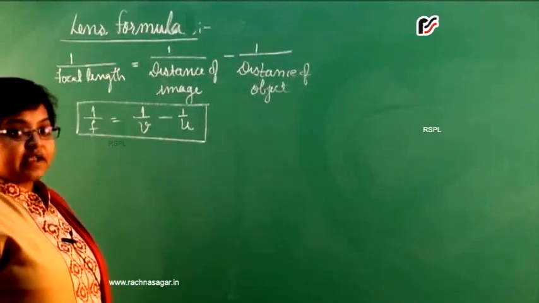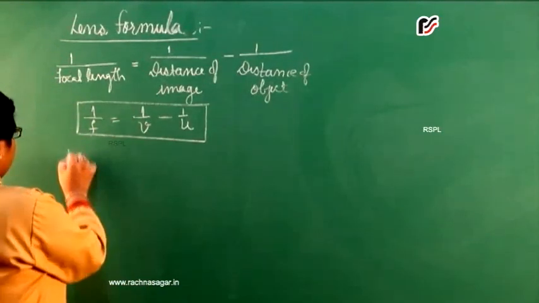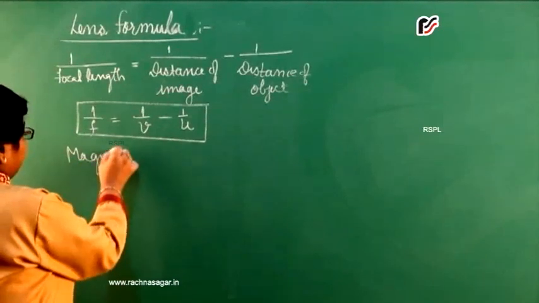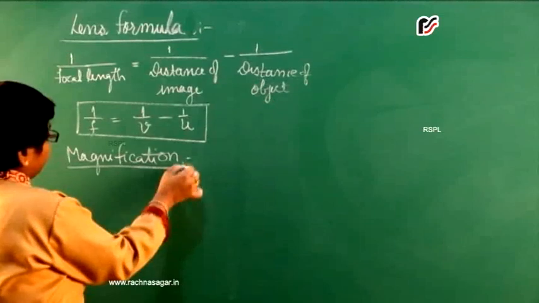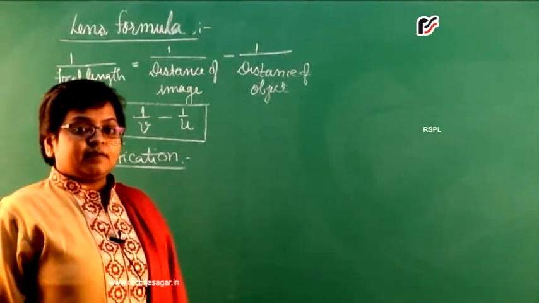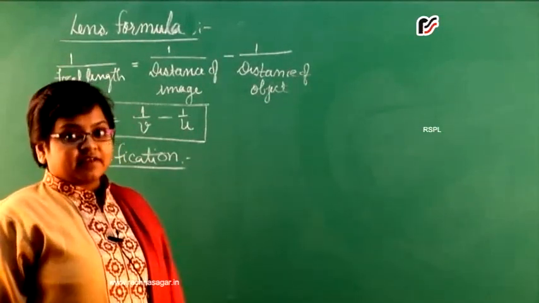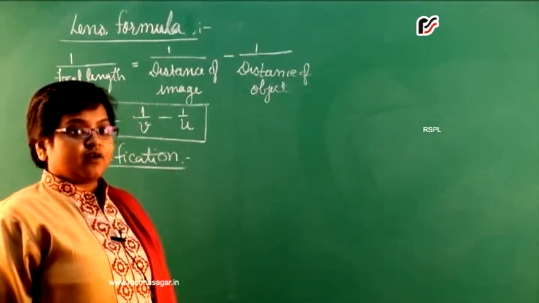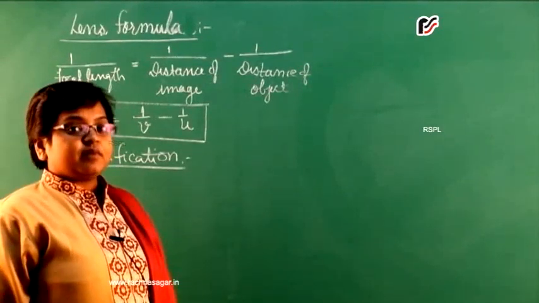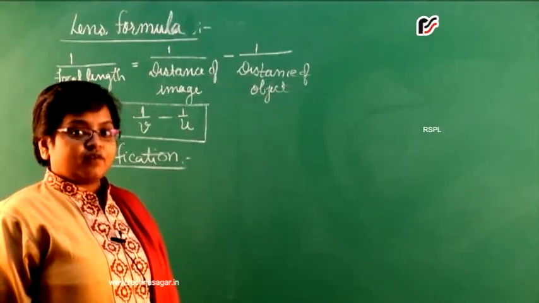Next is magnification. As in the same case of mirrors, the magnification produced by the lenses is the ratio of size of image to the size of object.